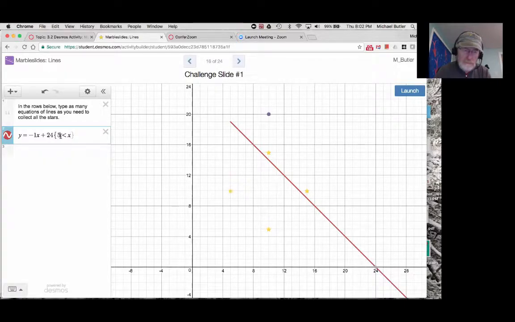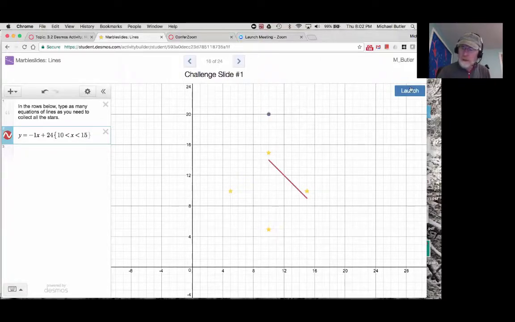Excuse me. 10 is greater than x, which is less than, let's go 16. I'm going to go a little smaller. Let's go 15. Okay, so that's one line.